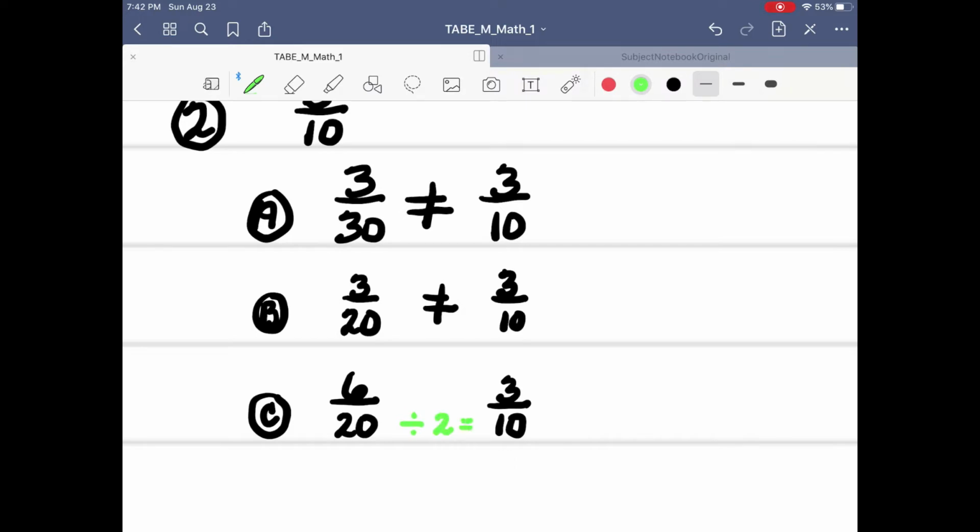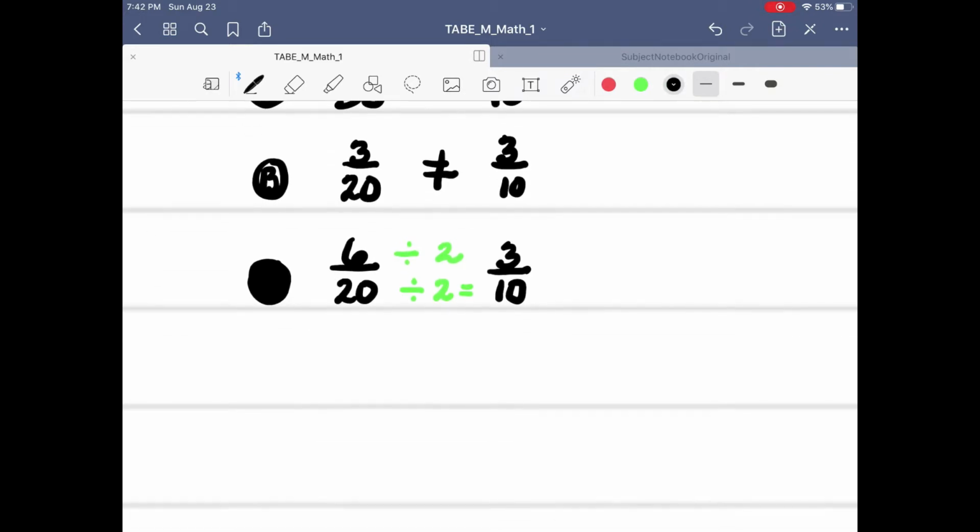Let's take a look here. 20 divided by 2 is 10, and 6 divided by 2 is 3. That's the one I'm looking for. But let's take a look at D in case you were thinking that one might work. I have 6/10, and we're comparing that to 3/10.